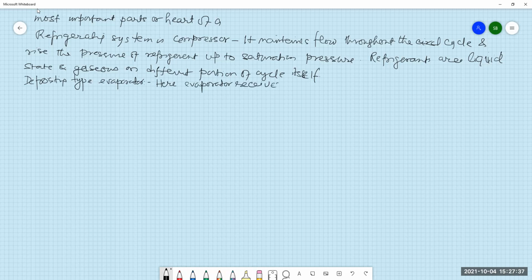Here, the evaporator receives the refrigerant in liquid form and at low pressure.